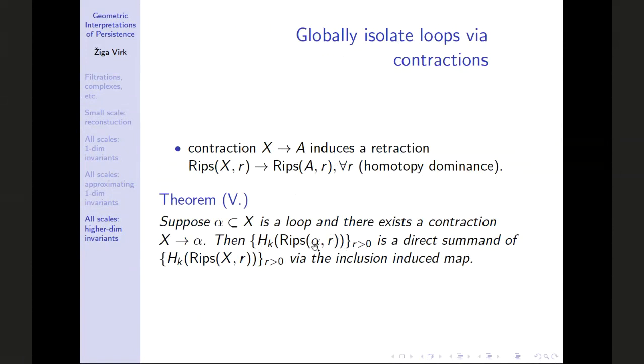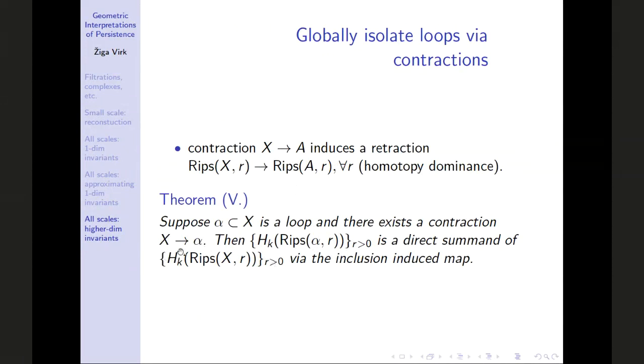The problem being that, you know, the circle is the only geometric space for which you know the entire persistence. So that's the one we usually play with. So this whole persistence will actually be included as a direct summand of this whole persistence.